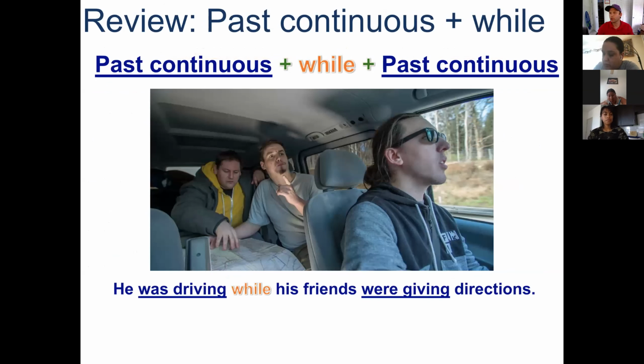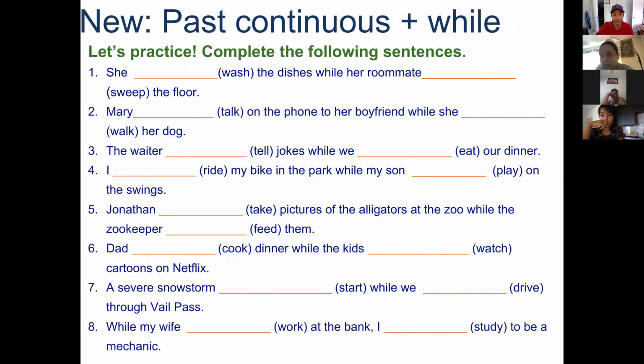When we use the word while to connect these two separate ideas, it's normally to show two activities that are happening at the same time, okay? And we can use the continuous form on both sides of it, okay? He was driving while his friends were giving directions. So the biggest difference between connecting these statements with the word while or when has to do with an interruption or two simultaneous actions that are happening at the same time.